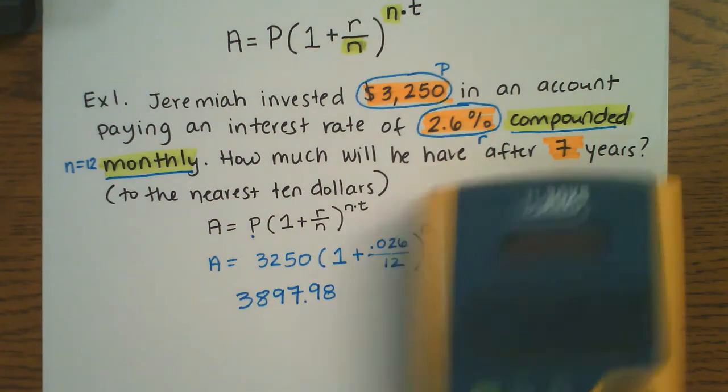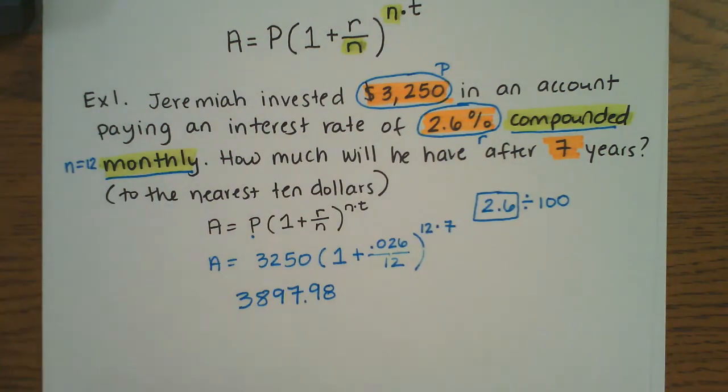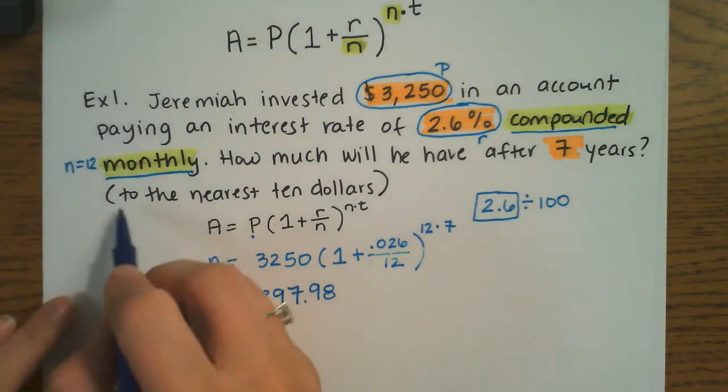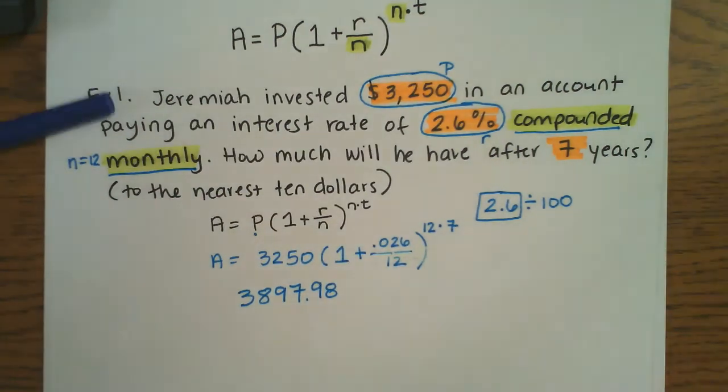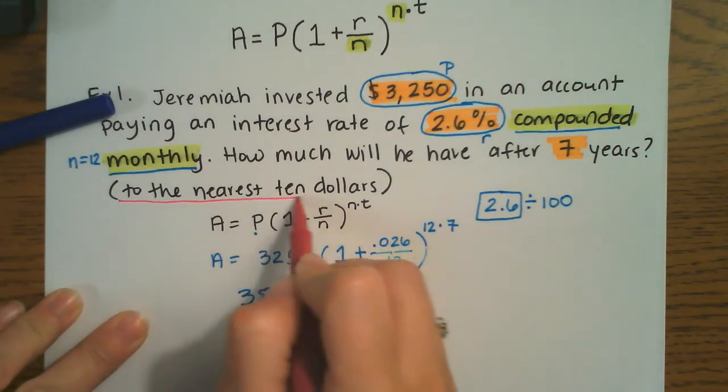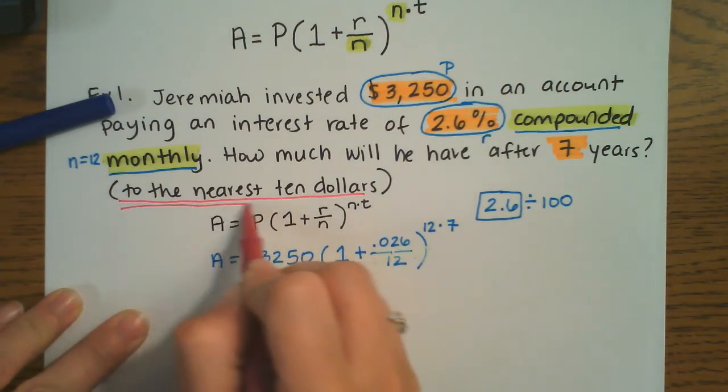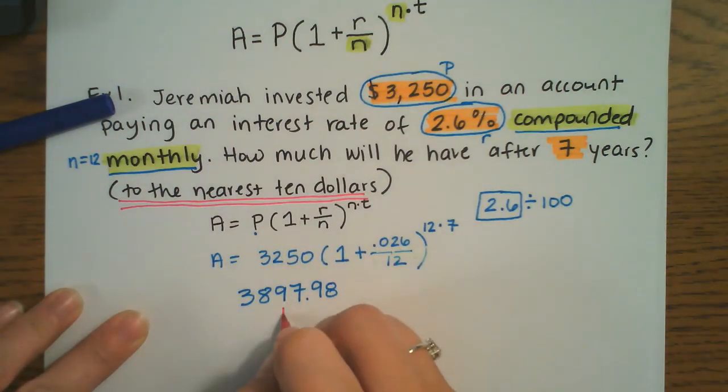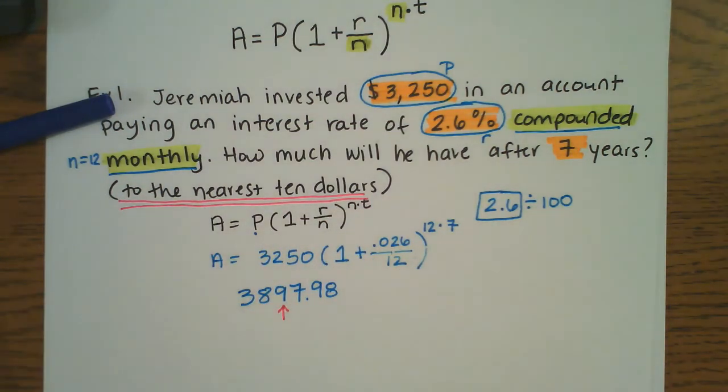But in Delta Math, for whatever reason, they're going to tell you a couple of different things. So you're not always going to be rounding the same way. So this one, they asked us to round to the nearest $10. So we're looking in the tens place. And actually, that's going to bump the 8 to a 9, right? Okay, so I could have done better on my numbers.